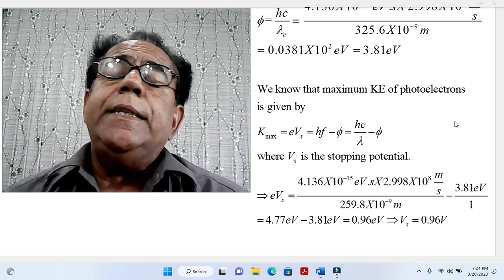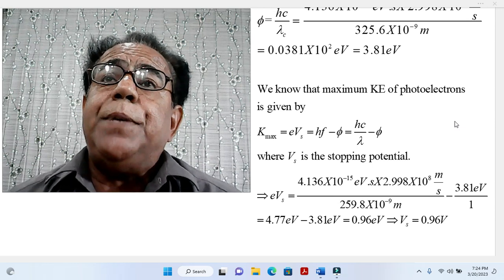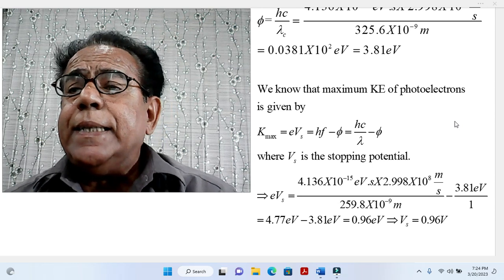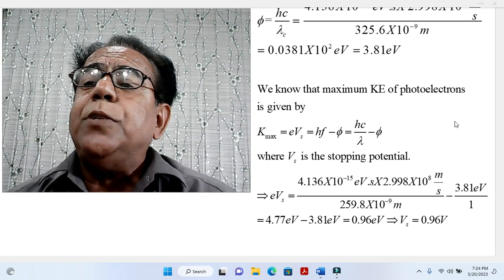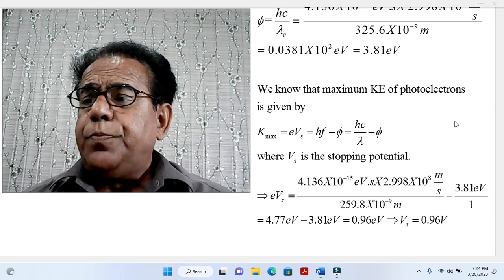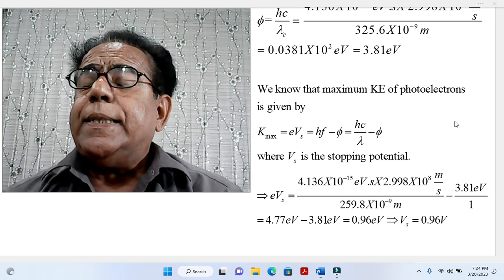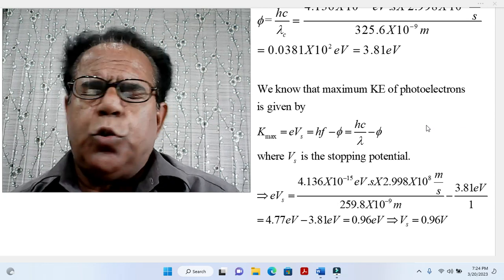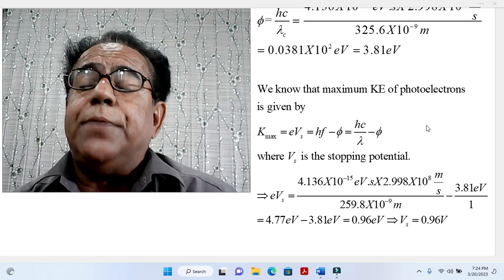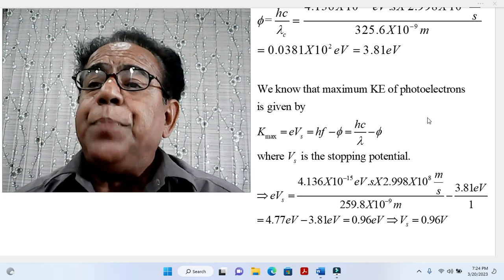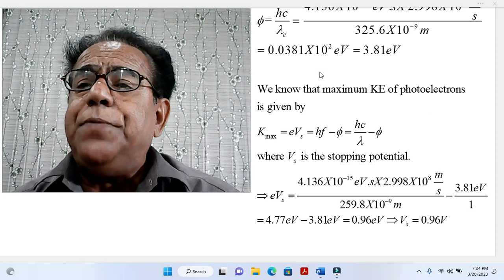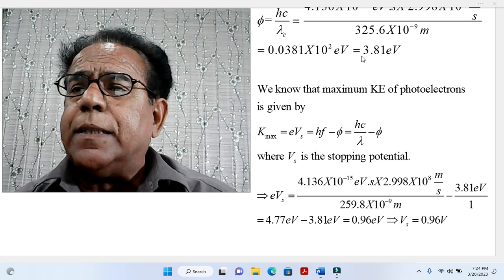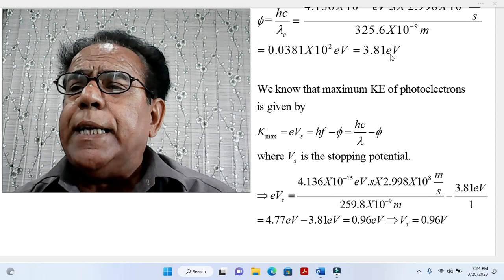We know that in the statement two wavelengths have been given: one is the cutoff wavelength and the other is this wavelength, which is being used here. Minus phi, the work function, which we have calculated above: phi is equal to 3.81 electron volt.